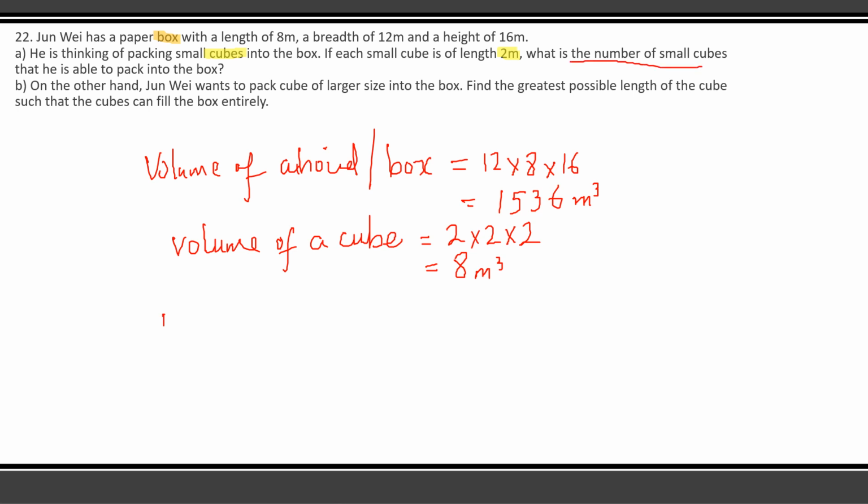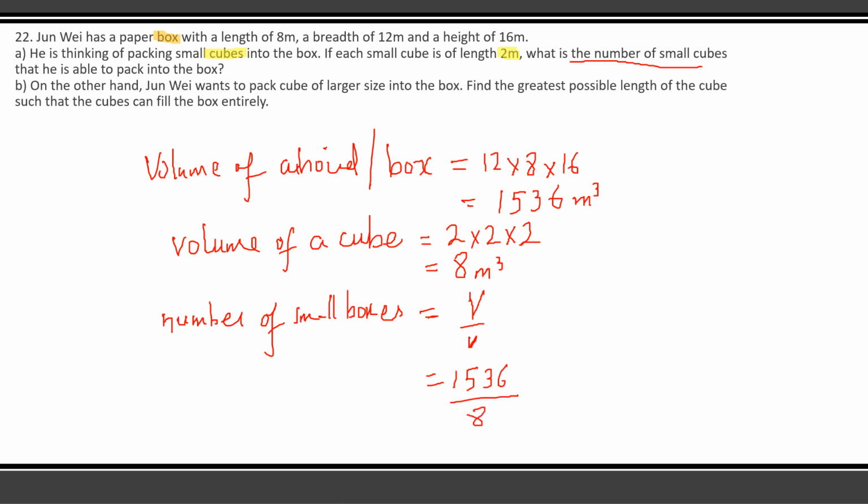Now what we want to find is the number of small cubes he is able to pack into the box. So I will write the formula like this: the number of small cubes he is able to pack inside the box is basically the larger volume divided by the smaller volume. That is 1536 divided by 8.